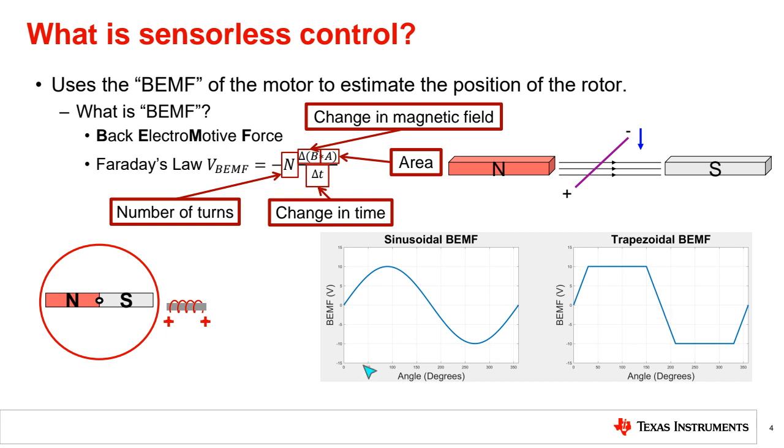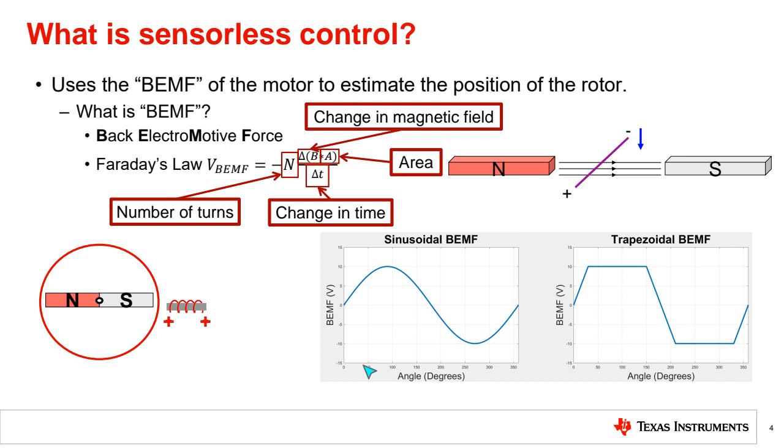We have 6 states in brushless DC. Okay, 0, 1, 2, 3, 4, 5. 0 degree, 60 degree, 120, 180, 240, 300, 360.